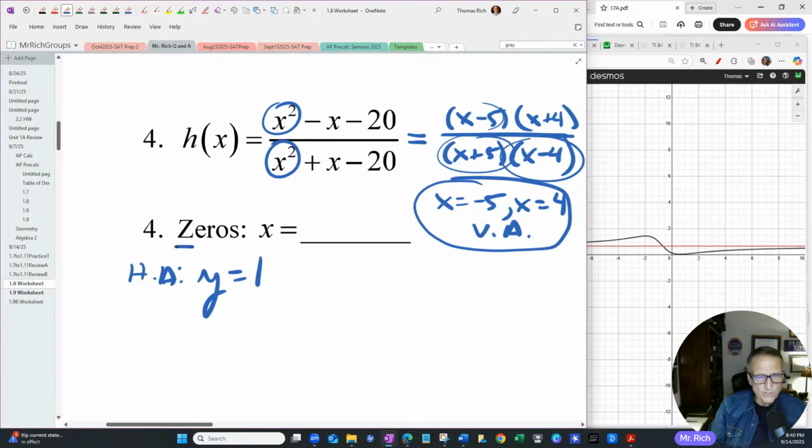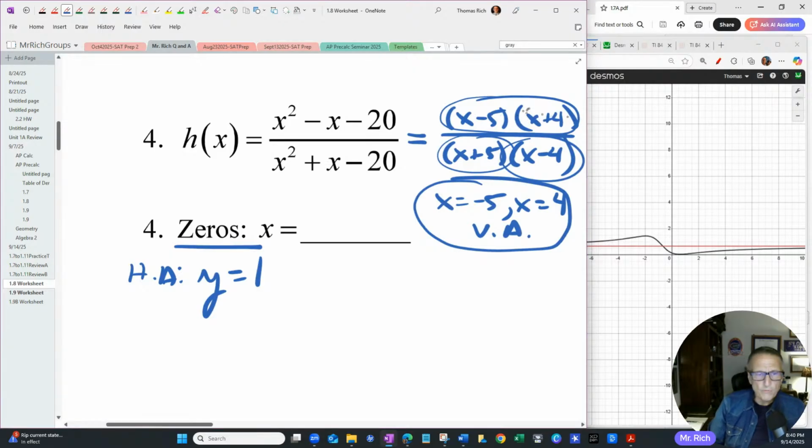Now, as far as this question, zeros are going to come about after we have simplified and canceled any binomials between top and bottom. They will come about if I have a remaining binomial on the top. And I do. I have an x minus 5 and an x plus 4. So this function will be equal to 0 when either of those two binomials are equal to 0.